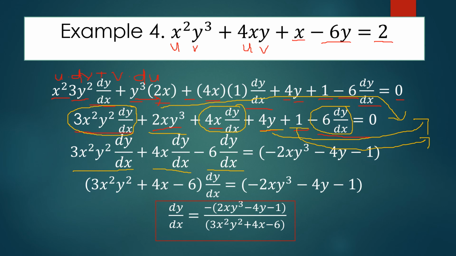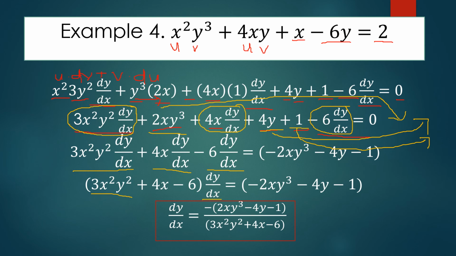Okay, so let us factor out the terms in the left side of the equation. Factor out by dy over dx. Okay, so 3x squared y squared dy over dx divided by dy over dx is equal to 3x squared y squared.